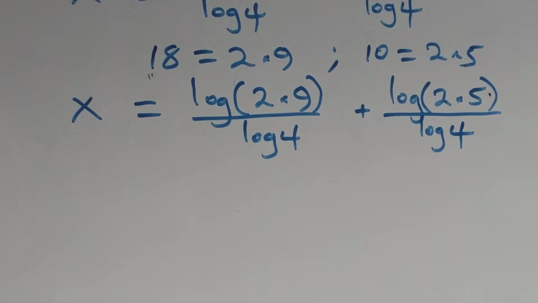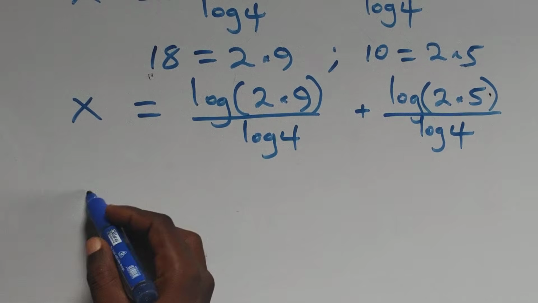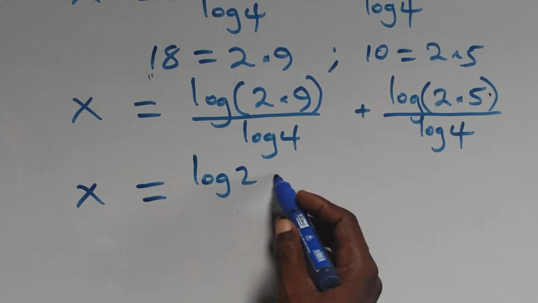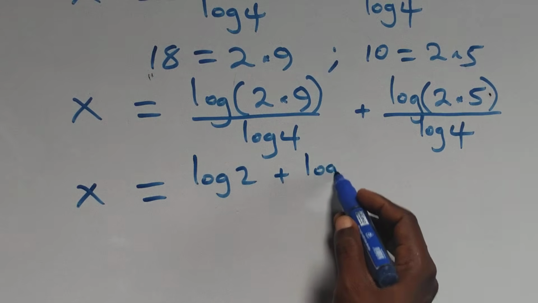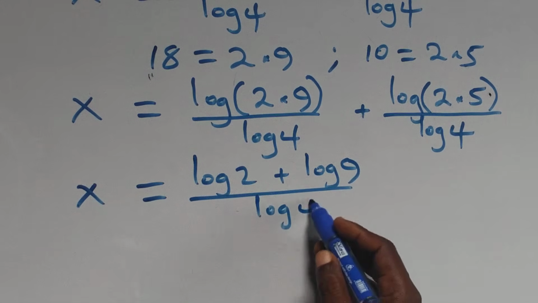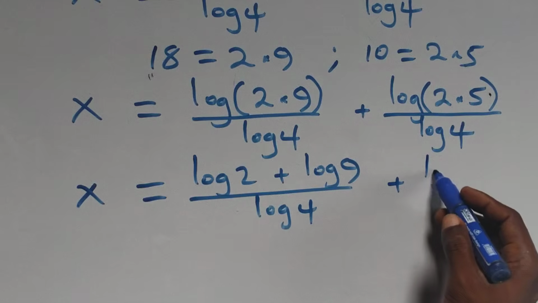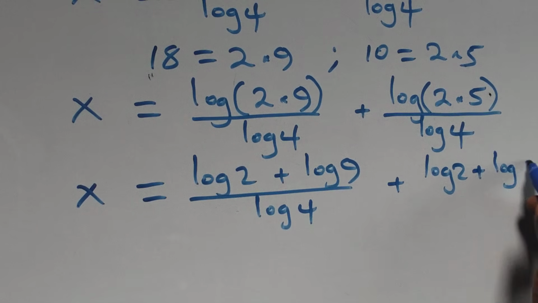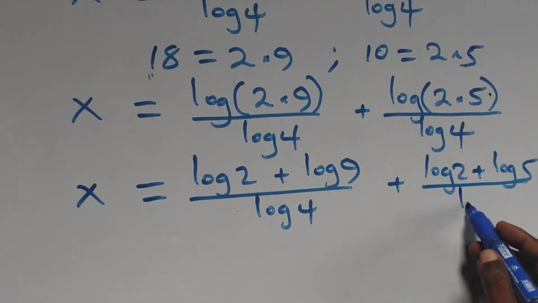So this also follows the law of logarithm, and we have x equals log 2 plus log 9 over log 4 plus, here also we have log 2 plus log 5 over log 4.